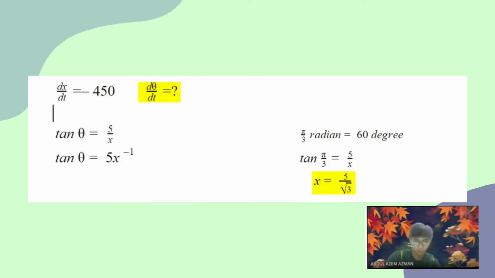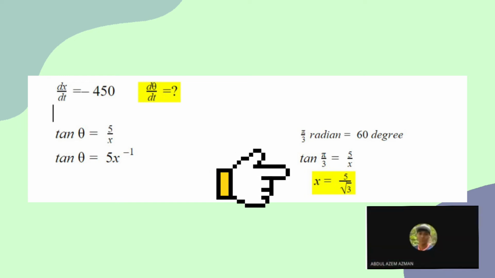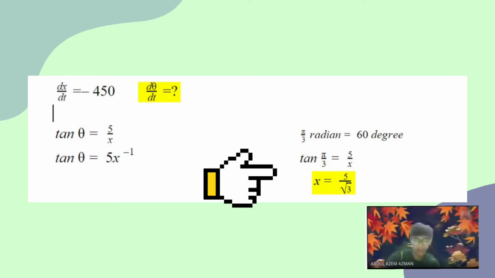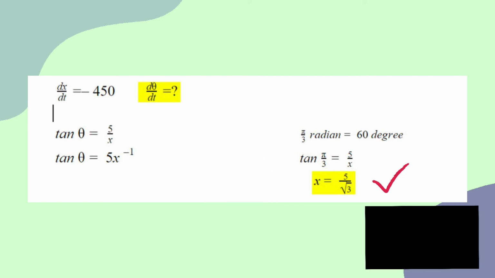To find x, substitute the given theta into the formula, which is tan pi over 3 equals 5 over x. We move x to the left side and bring tan pi over 3 to the right side, and we get 5 over square root 3. So we get the value of x now.